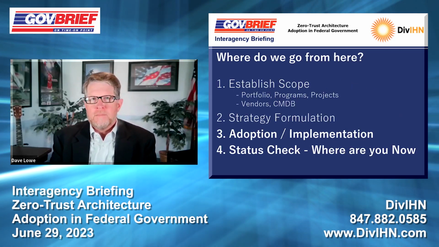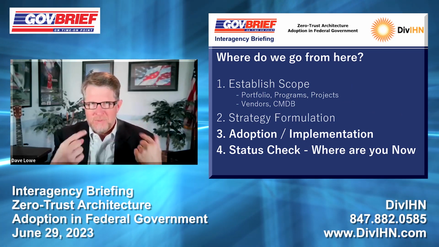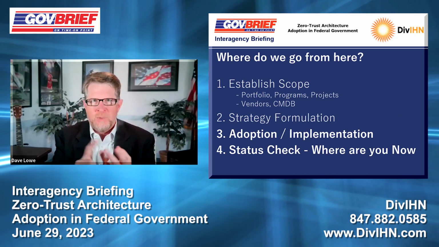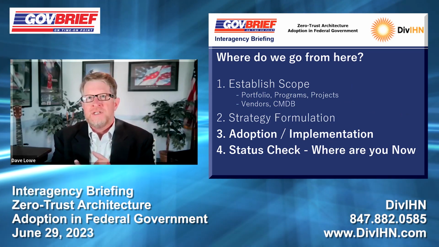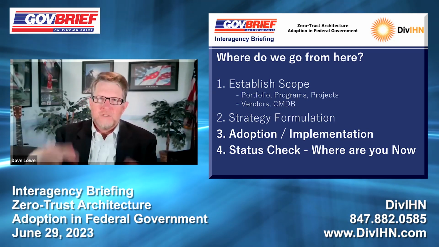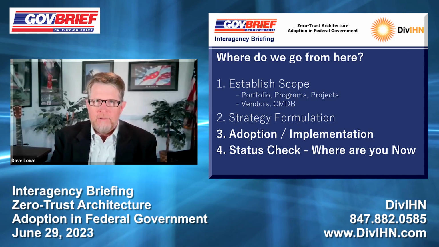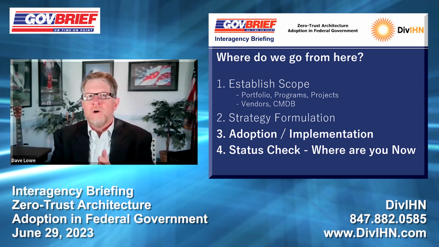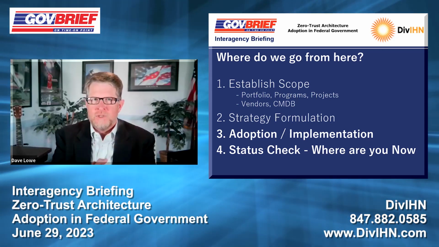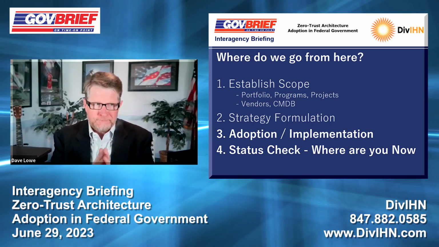So as we're moving through this, obviously we knew we had to establish the scope and create the strategy so that we can move through this. Adoption and implementation is where we are right now. So where are you right now? And if you want to throw in where you are, where you've started, or what would you like to chat about, I'll make sure that we get this to Joe if he doesn't get back on.